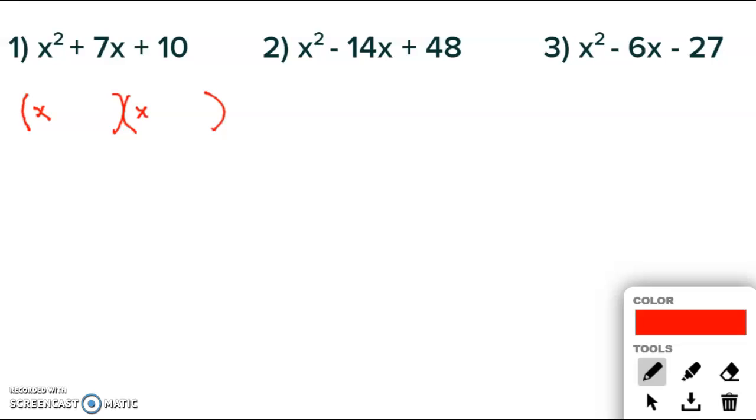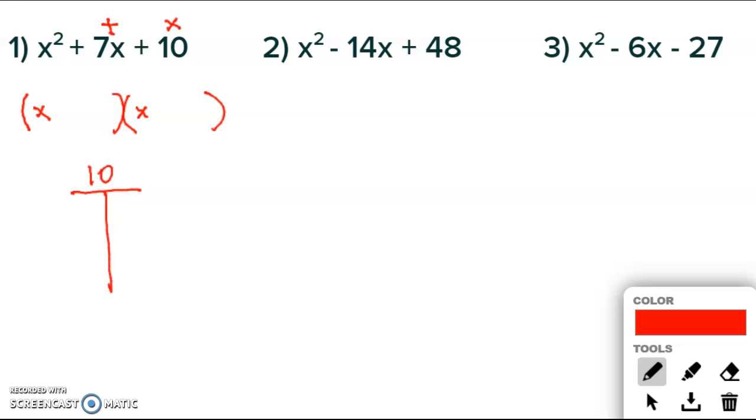And then from then on, we're looking for the multiplication of the two numbers to be 10, and when you add those two together, it's going to be positive 7. What are two numbers that multiply to 10, and when you add them together, it's going to be 7? When you are looking for the numbers, sometimes it's pretty easy, it's really straightforward.